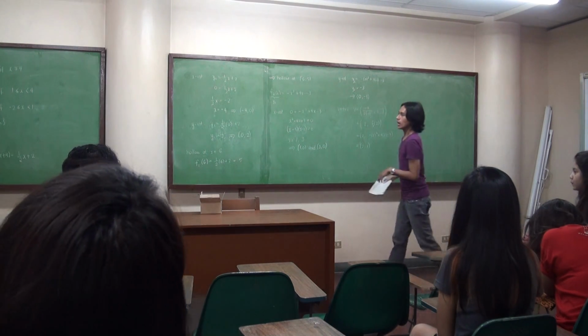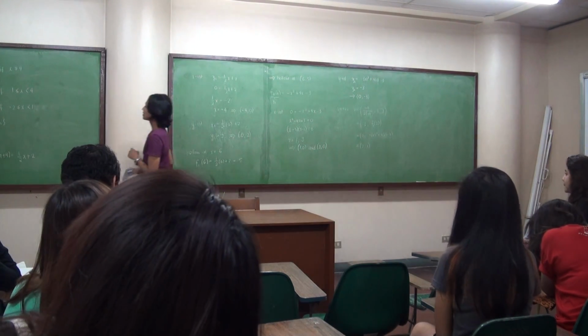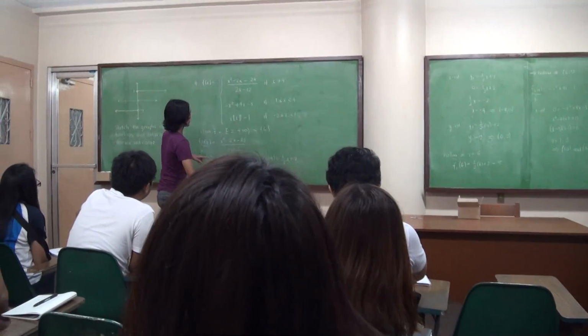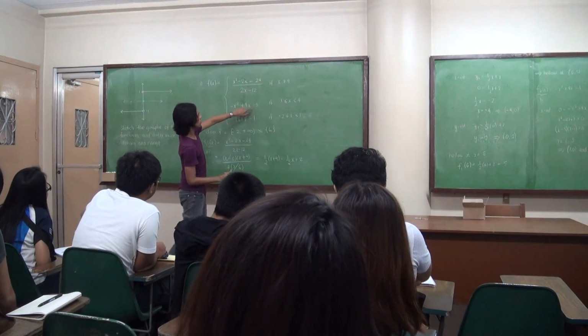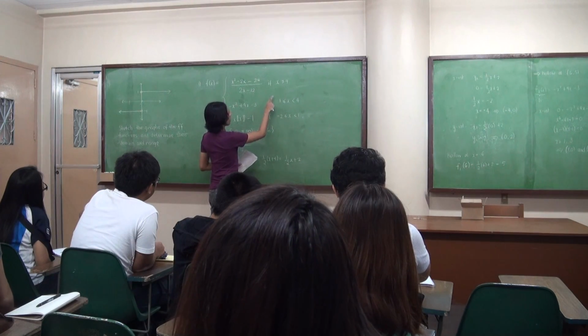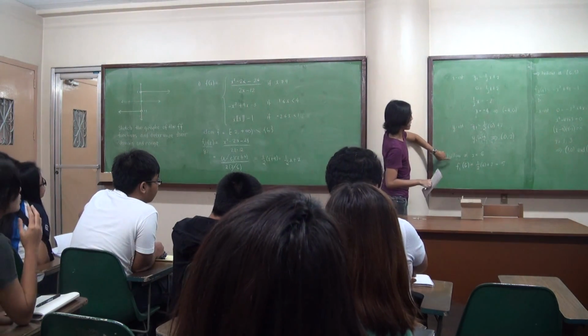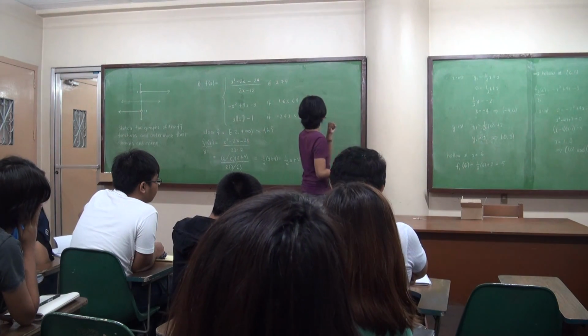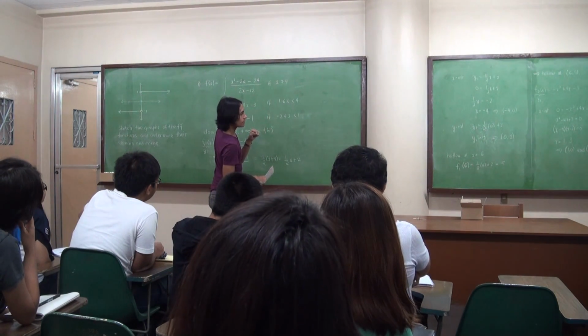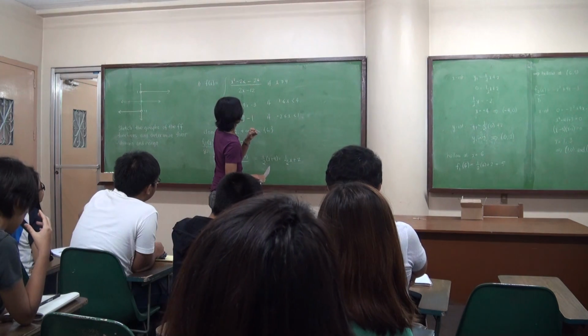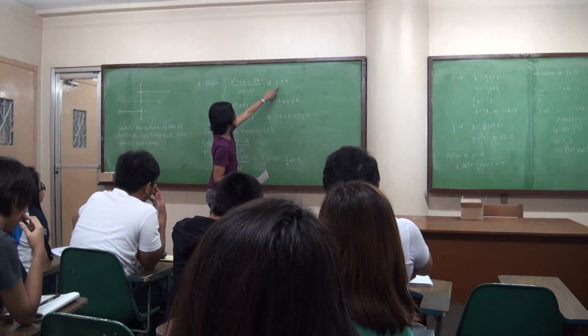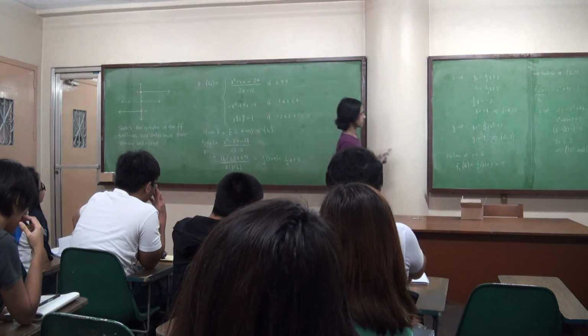Okay. Now, by the way, take note of the endpoints here, class ha. So dito, ang inasikaso lang natin, x-intercept, y-intercept, and hollow point. Now, at x is greater than or equal to 4, yung endpoint.